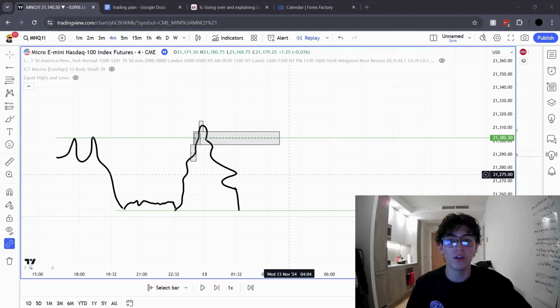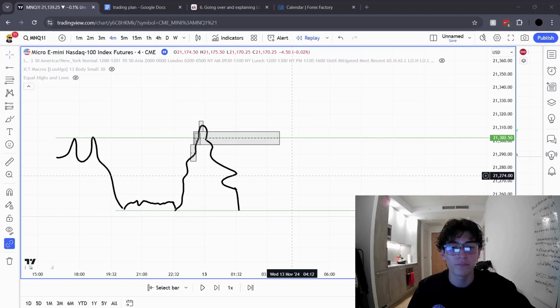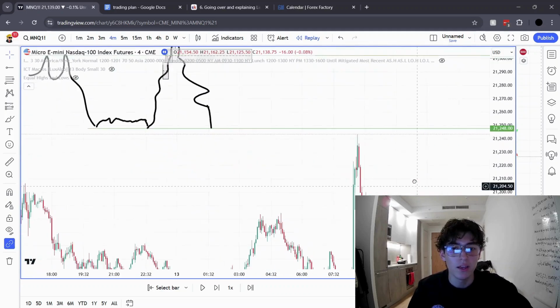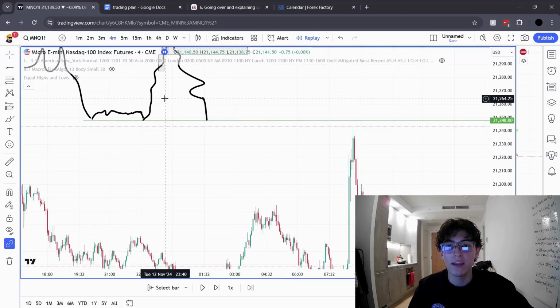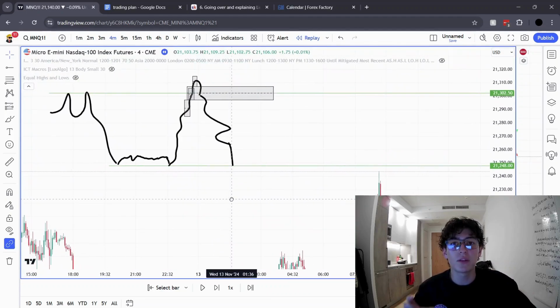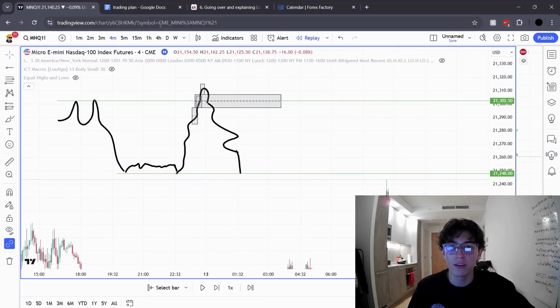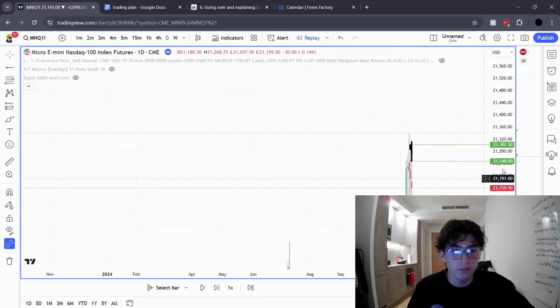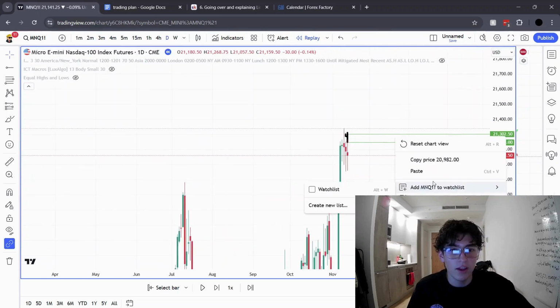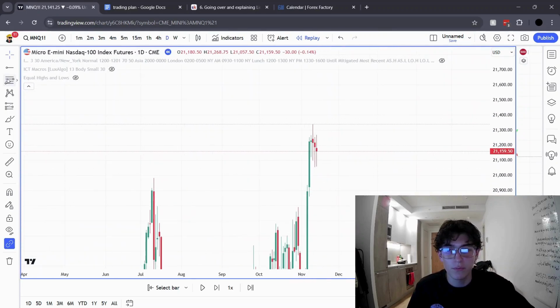All right, hopefully you guys were able to get an idea of what fair value gaps are, how to spot them. Now, I do have homework for you guys. I want you to go into your charts, and fair value gaps can be found in any single time frame. I could go on the daily and find gaps. Look, there's a gap right here.